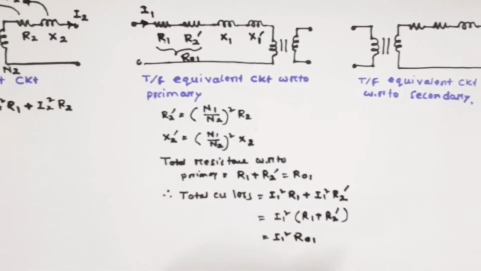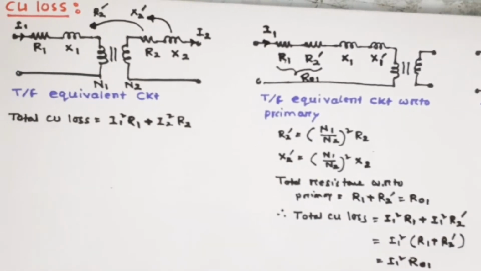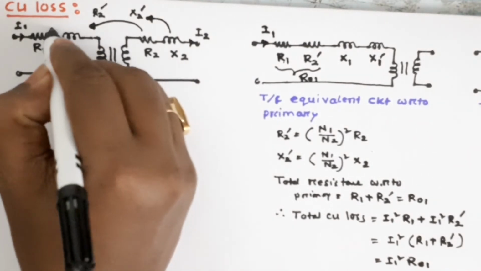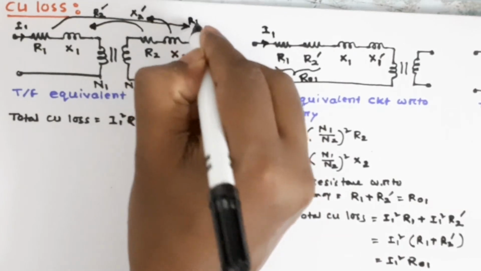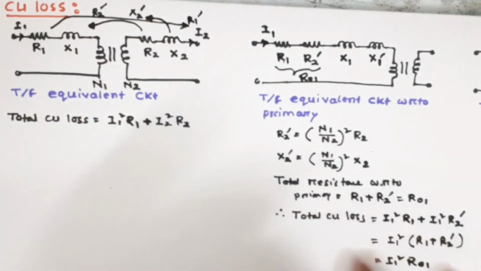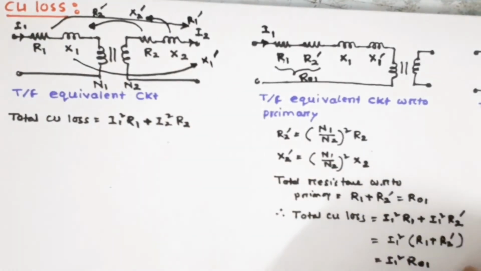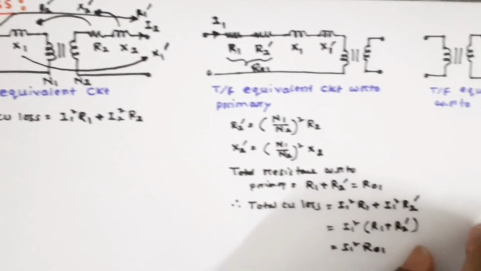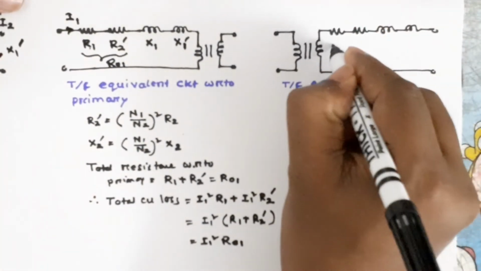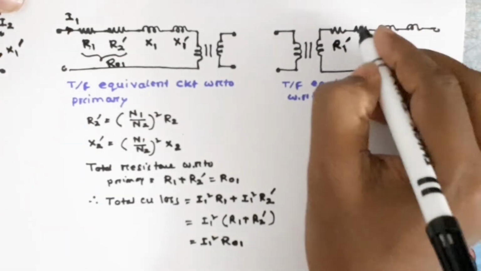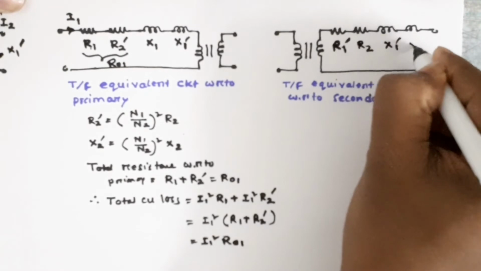Similarly, the primary winding resistance R1 can be transferred to the secondary side and it becomes R1 dash and X1 becomes X1 dash. From this figure, this is the R1 dash, this is the R2, this is the X1 dash, this is the X2.